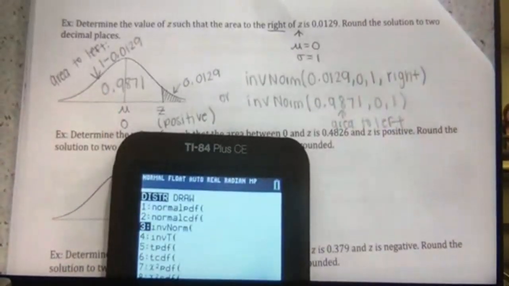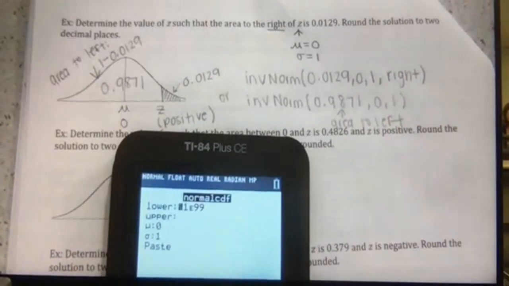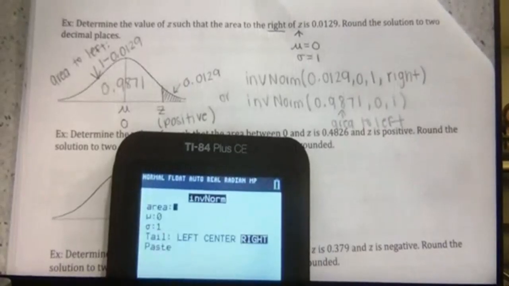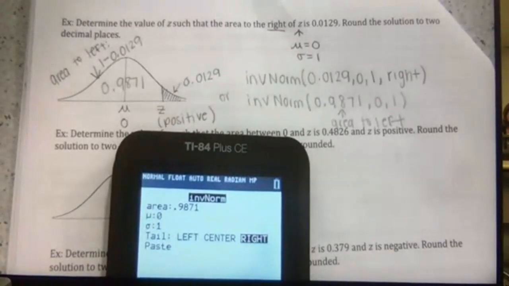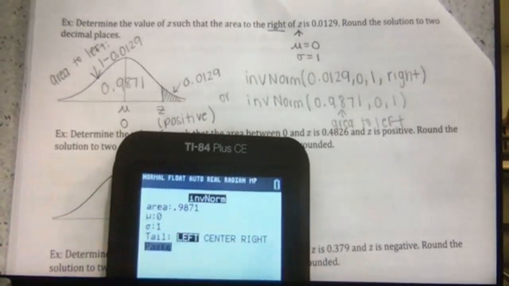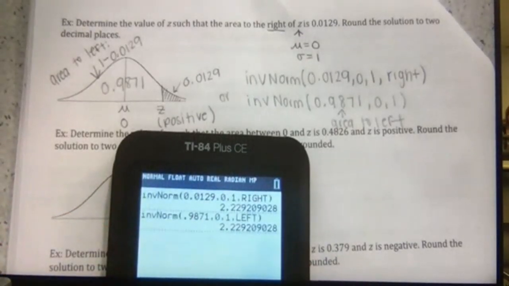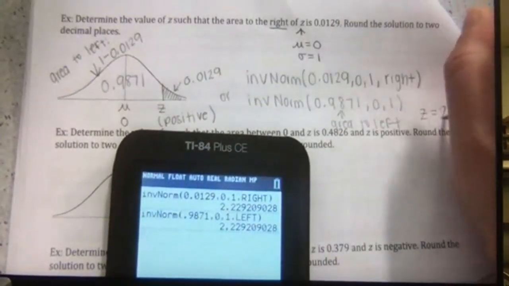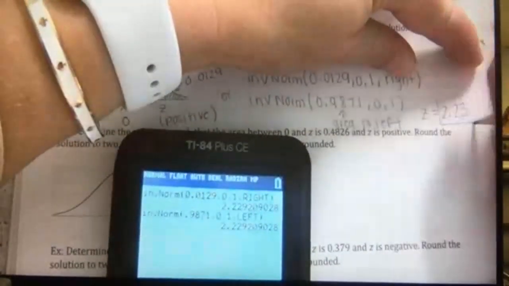I'll show you. Second bars, inverse norm. Our area is 0.9871. Mean is 0, standard deviation is 1. And that's if our calculator doesn't give us the option for the tail. If it doesn't give you the option for the tail, it's automatically assumed it's to the left. But either way, you get the same answer. So our z value is 2.229, which will round up to 2.23.